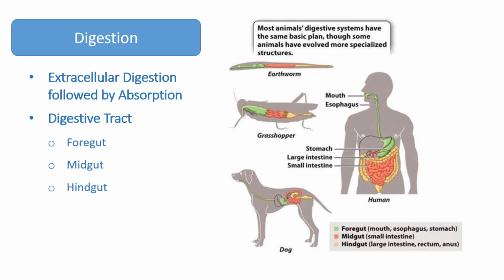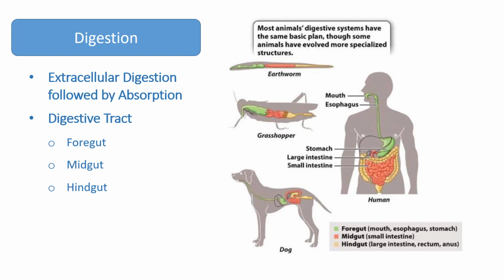The digestive tract of animals is commonly divided into a foregut, midgut, and hindgut. The foregut includes the mouth, esophagus, and stomach or crop, which serves as an initial storage and digestive chamber. Next is the midgut, which includes the small intestine, where the remainder of digestion and most nutrient absorption takes place.